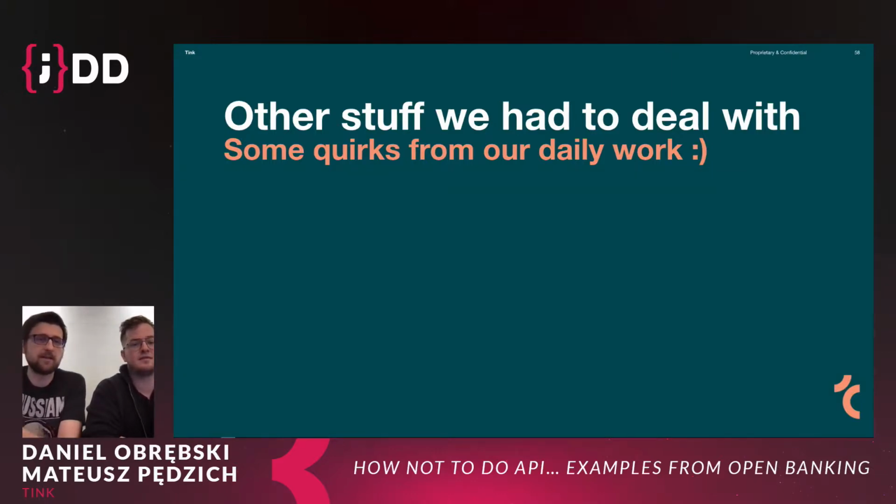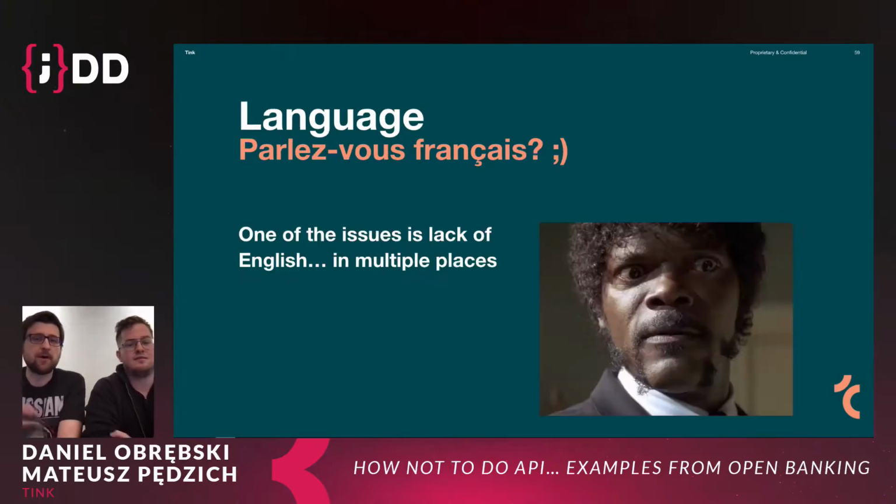One of the cases is language. We should think about English as a standard language in IT, but unfortunately, this is not the case. There are a lot of developer portals and a lot of documentation that is not documented in English at all. There is no possibility to use English.